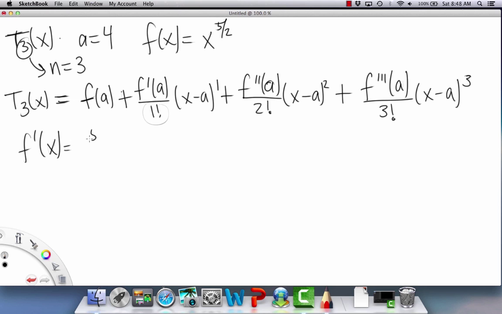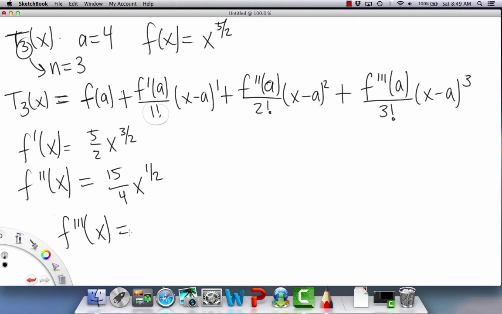So that's going to be 5 over 2 x to the 3 halves. Okay. And then we need our second derivative. We need to go all the way up to the third derivative. So this is going to be 15 over 4 x to the 1 half. And then f triple prime, we're going to do one more here. That's going to be 15 over 8 and x to the negative 1 over 2.